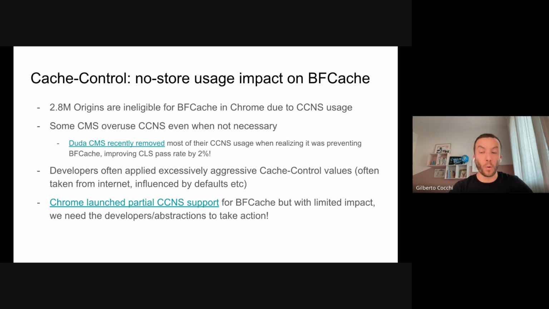We had a recent quick win on this: the VP of Engineering of Duda CMS in Tel Aviv recently realized that they were really focusing on performance, but they hadn't noticed until recently that CCNS was used on 98% of their origins. After looking carefully, they realized they didn't need it for the majority of the cases. So 60,000 origins in that dataset, according to HTTP Archive, removed CCNS. And overall, according to HTTP Archive combined with CrUX data, it improved the CLS pass rate by 2%. So the wins are there.